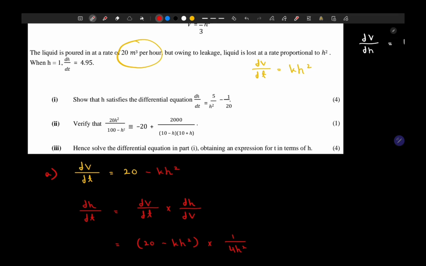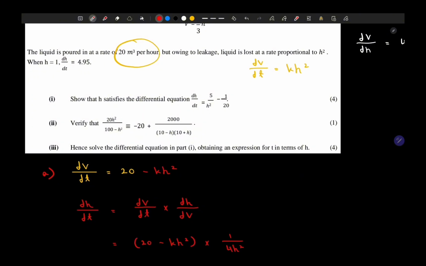Now for the second part, we need to verify that 20h squared over 100 minus h squared is identical to negative 20 plus 2000 over 10 minus h, 10 plus h. Bringing the left hand side to the right hand side is much harder, so we're going to work with the right hand side and show that this is equal to the left hand side.